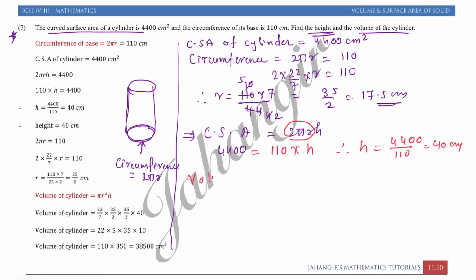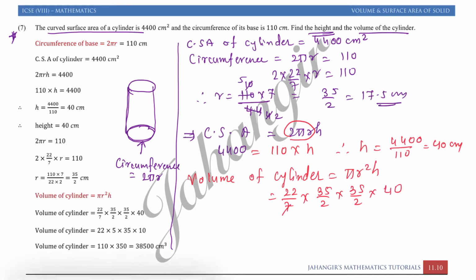So we can write volume of cylinder is equal to pi r square h. So volume is 22/7 into r, whose value we found out, I can write 35/2, into height 40. 7 fives are 35, 2 twos are 4, 4 tens are 40.